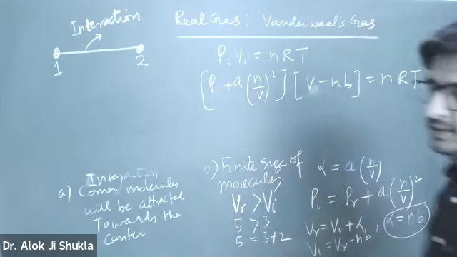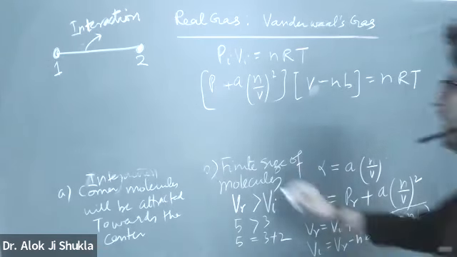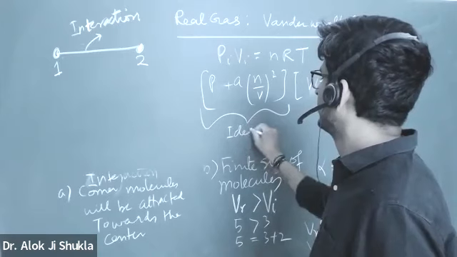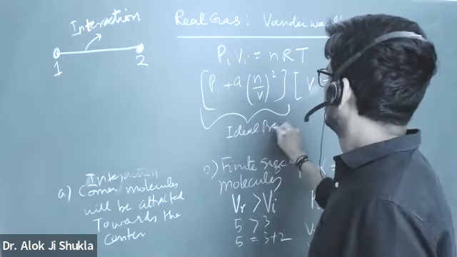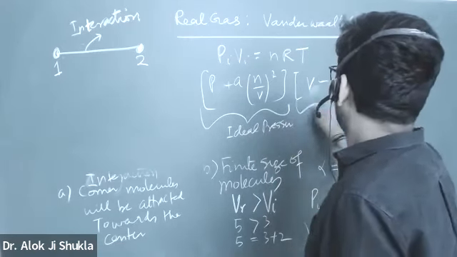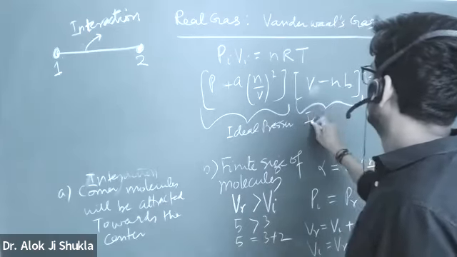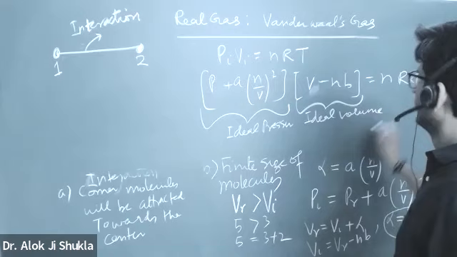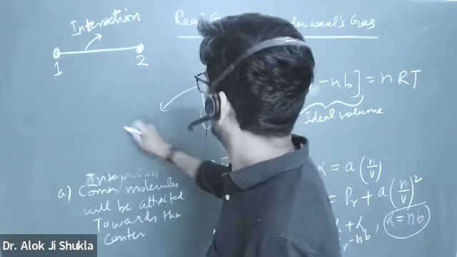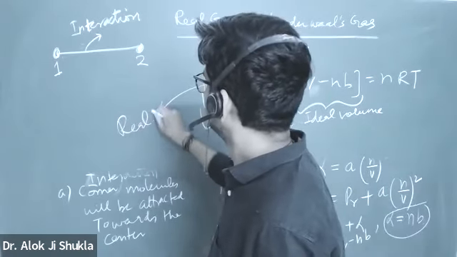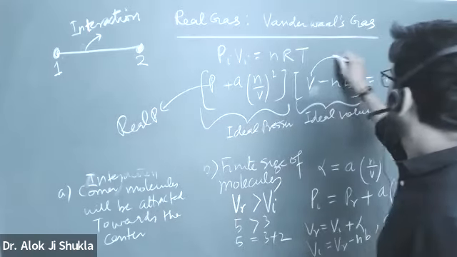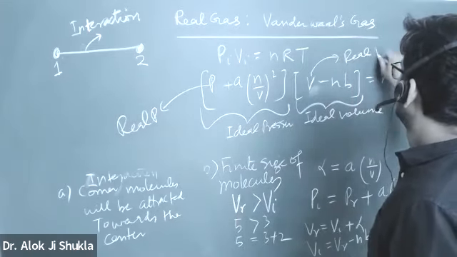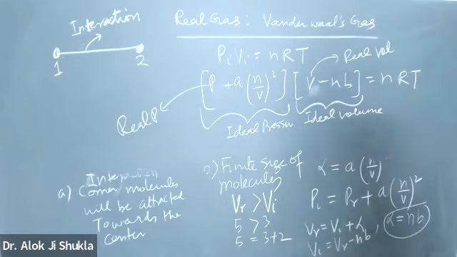But what is this P? Real pressure. And what is this P? This is ideal pressure. This is ideal volume. This is real pressure. This is real volume.